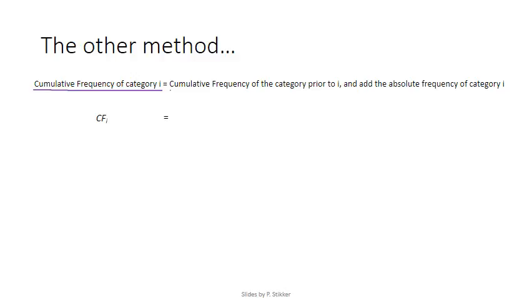And then instead of keeping on adding up, we can make use of the fact that it's similar to the cumulative frequency of the category prior to I, and simply adding the new frequency. So this one is indicated by I minus 1. And then add, which is simply the plus, and then the absolute frequency of category I itself, and that's Fi.